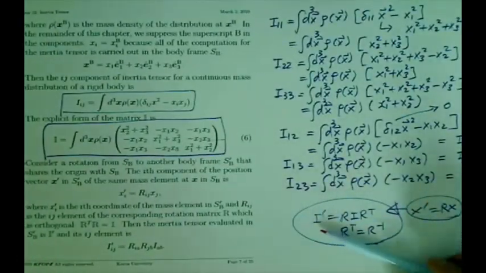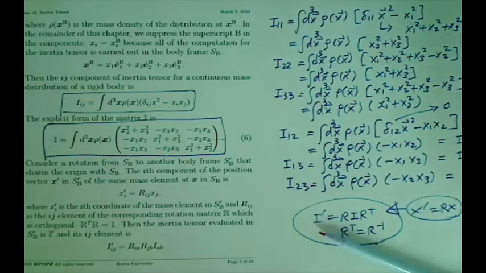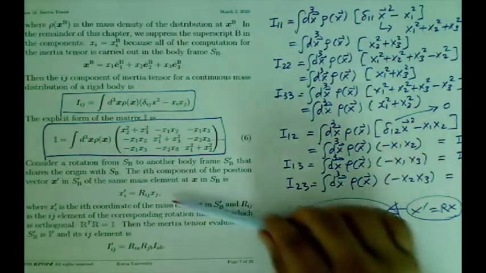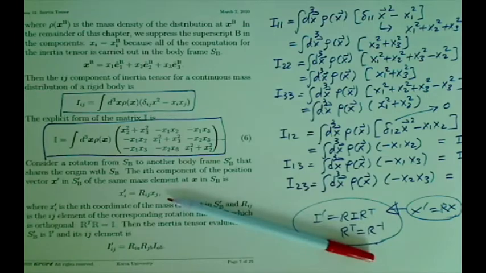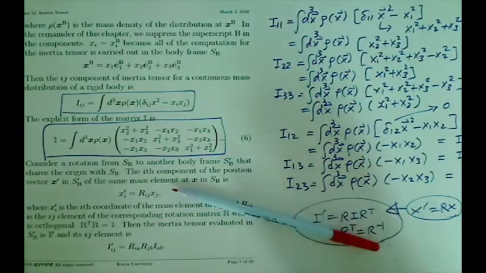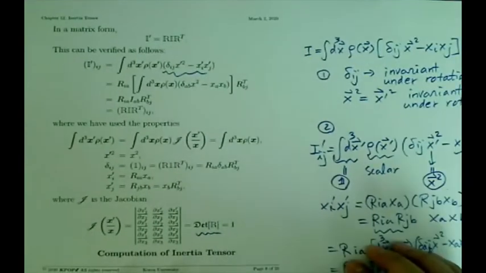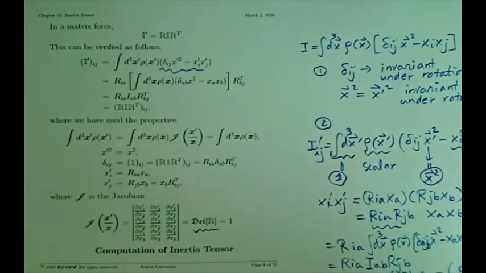It is a rank 2 Cartesian tensor. Therefore, we can make use of the rotational property of the vector. A rank 2 Cartesian tensor is transformed under rotation like that. Let us check it explicitly.